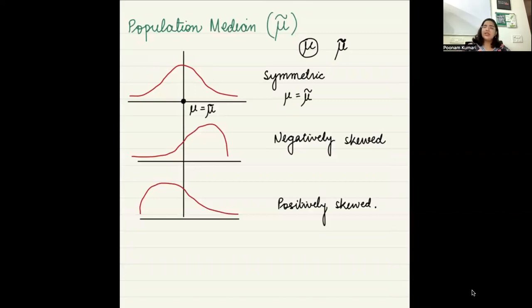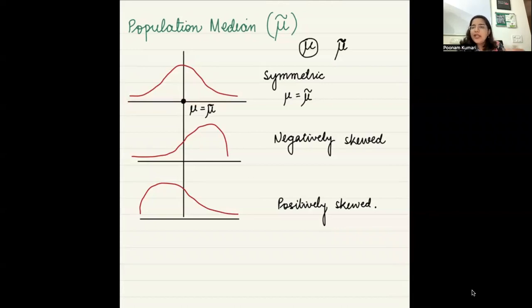Very nice. So basically what is happening here? Because this data is symmetric, that means whatever is on the left side, exactly the same pattern is being followed on the right side, right? So if you try to find the median, what is median? The central value, right? The midpoint, right? So midpoint will be here only, right? And whenever you try to find the mean, what do you do?